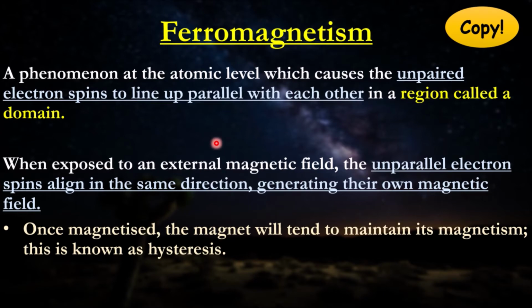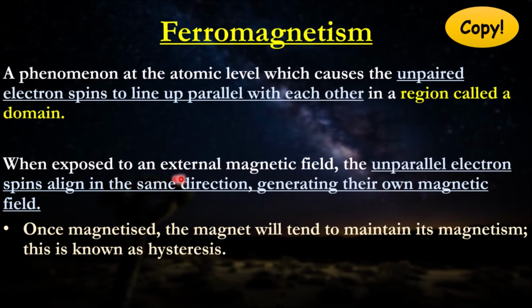Alright, so let's do a quick summary of what we talked about. Firstly, a phenomenon at the atomic level which causes unpaired electron spins to line up parallel to each other is called a domain. So to have a domain, you have unpaired electron spins.